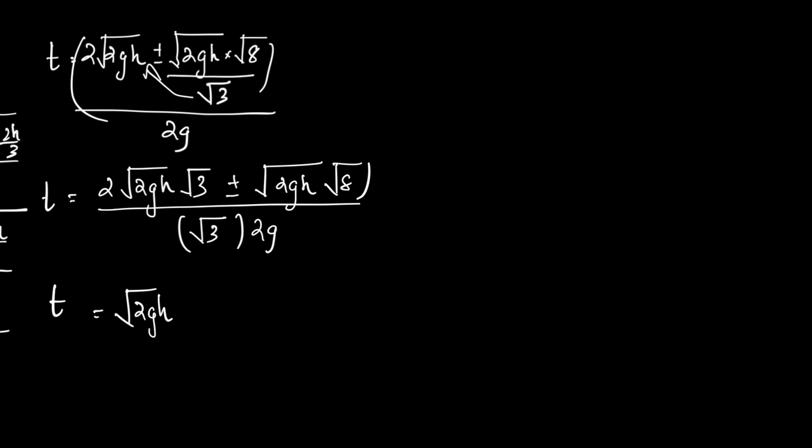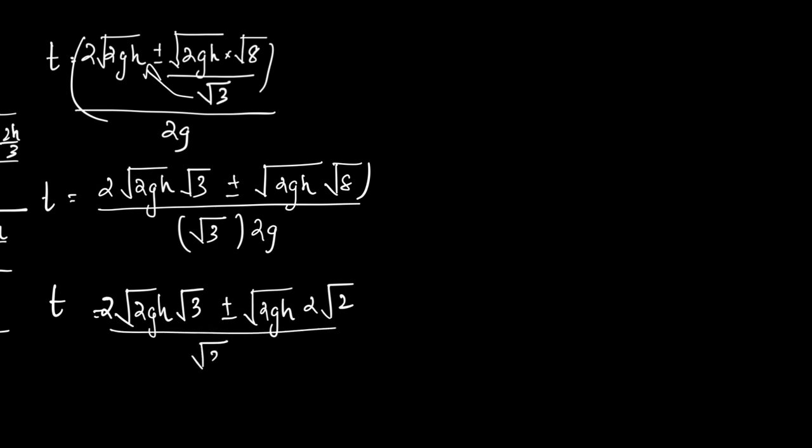So this becomes 2 into root of 2gh into root 3 plus or minus root of 2gh into, see, root 8 can be written as 2 root 2, right? 2 root 2 the whole upon root 3 into 2g.